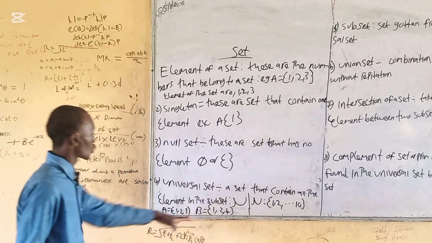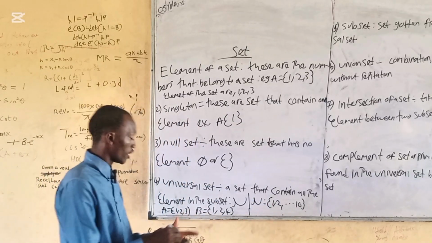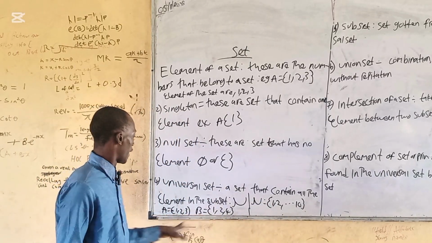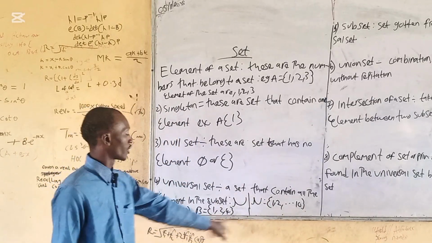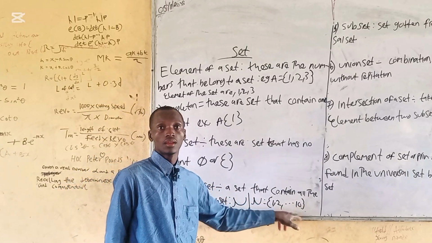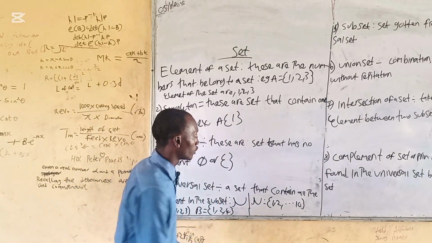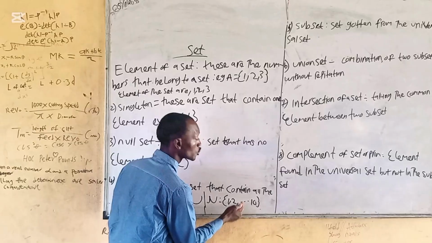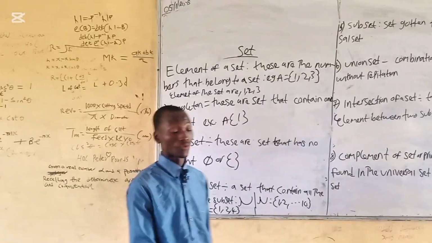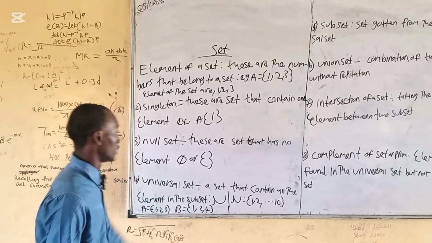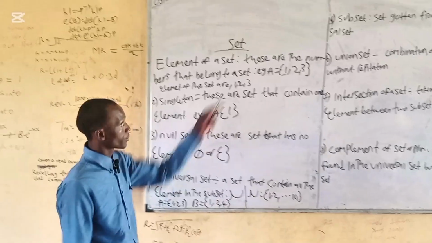Now, these are subsets of this set. Why? Because all the elements found in set A and set B, you can see in this bigger set. I hope you understand that this figure means 1, 2, 3, 4, 5, 6, 7, 8, 9, 10. That's what it means.